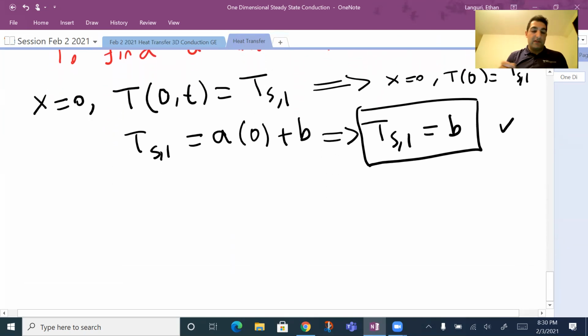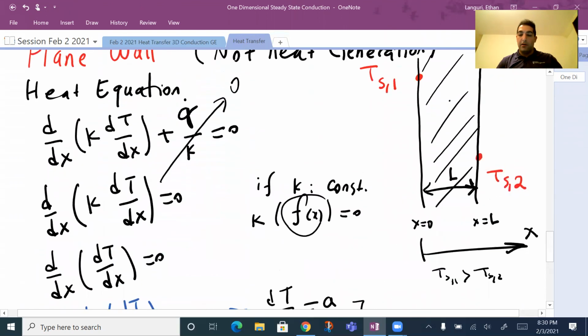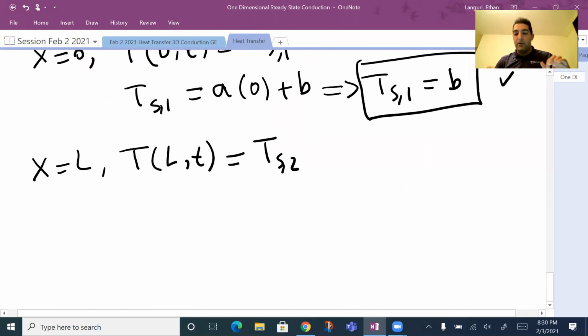Now I'm going to use the second boundary condition: at x equal L, the temperature at any time is equal to Ts2. Again, you can go back to your problem. You know that at x equal L, the temperature of this wall is Ts2, which is given. It could be 40 degrees C, it could be any number, right? Or in general, we call it Ts2.